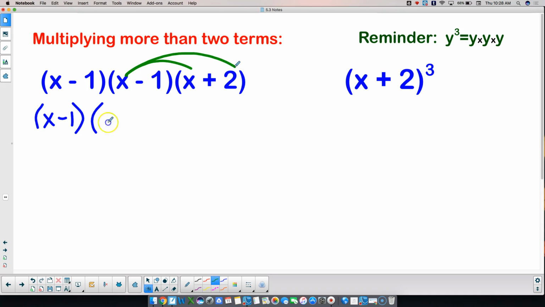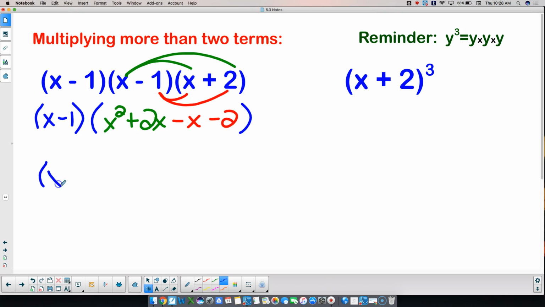So that's x squared plus 2x minus x minus 2. So that becomes x minus 1 times x squared plus x minus 2.